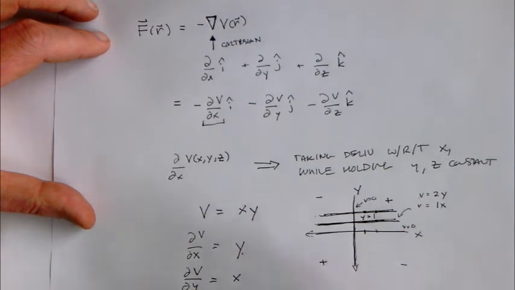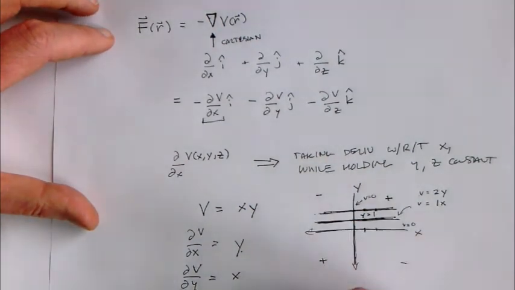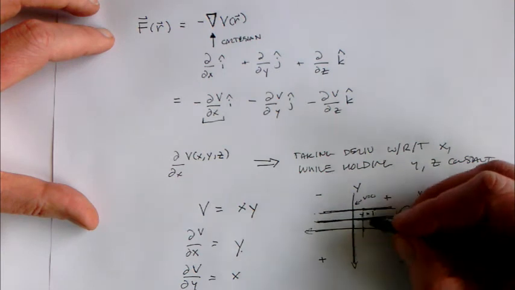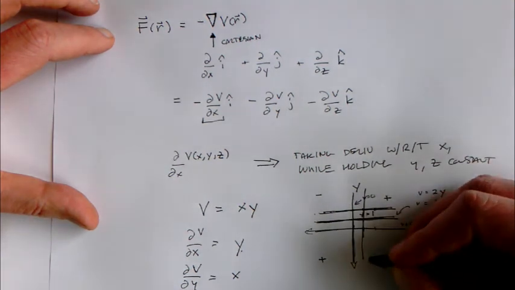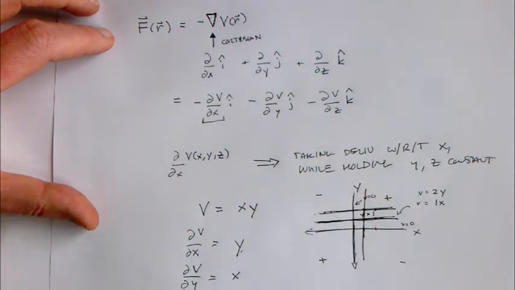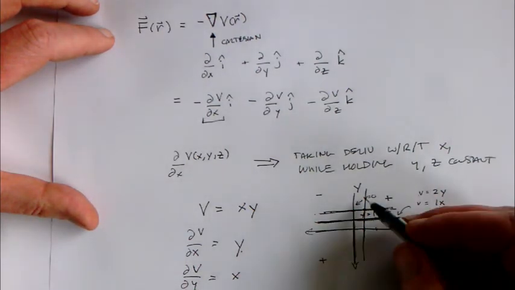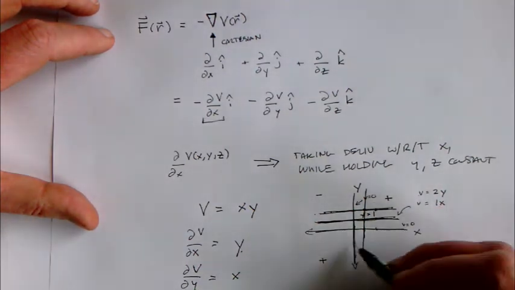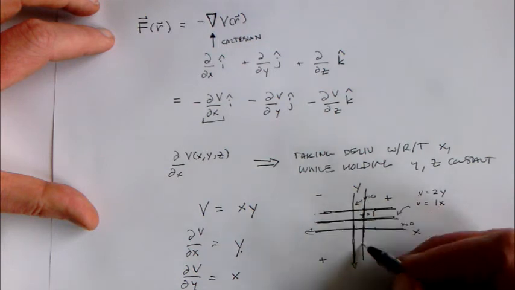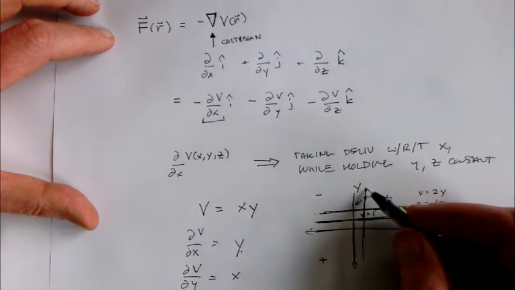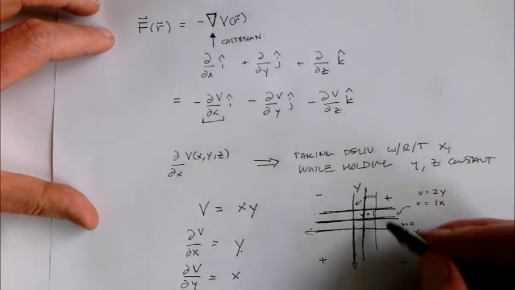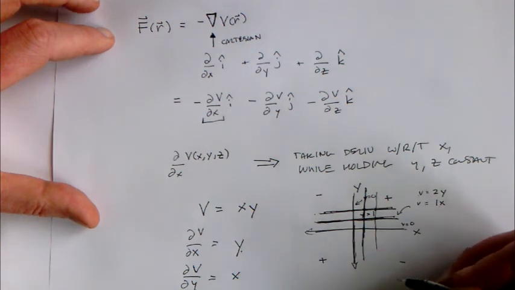Well, that's simply going to be x for this function, which is a way of saying that if I move along a line for which x is constant, then the slope of v as I move along that line is simply given by the value of x. So along this line, v is going to be increasing with a slope of 1. Along this line, v is going to be increasing with a slope of 2, and so on.